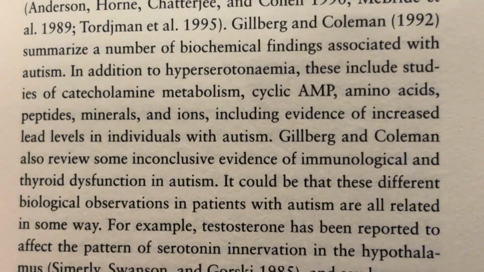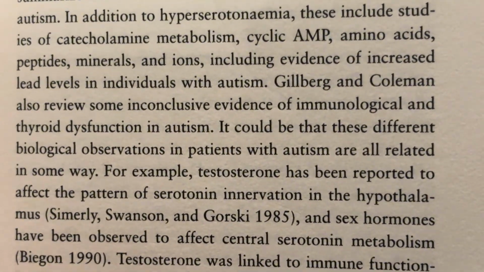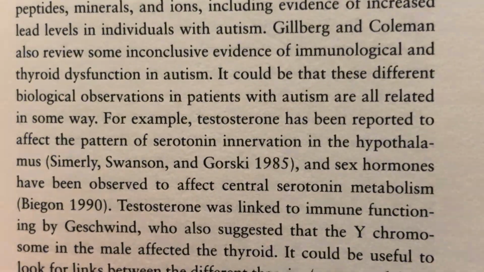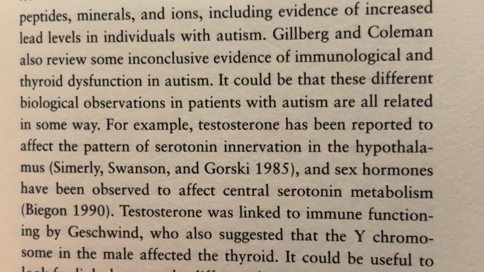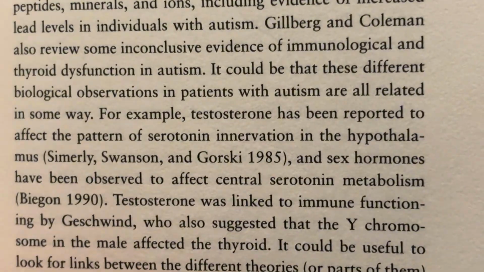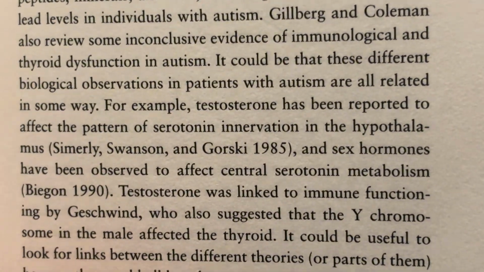It could be that these different biological observations in patients with autism are all related in some way. For example, testosterone has been reported to affect the pattern of serotonin innervation in the hypothalamus, and sex hormones have been observed to affect central serotonin metabolism.